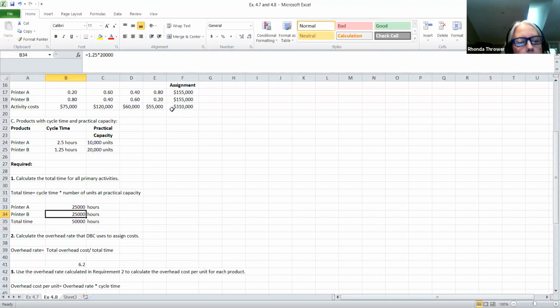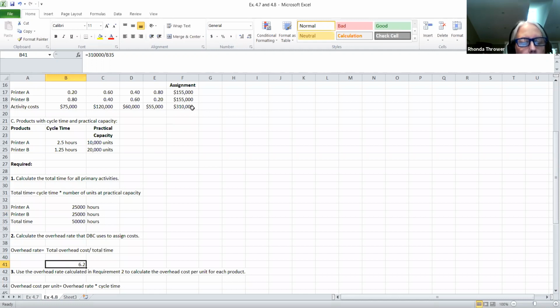The total overhead cost for both printers for this company's activities, all the activities combined, are $310,000. The total overhead cost is going to be divided by the total time, and that will give you the overhead rate for this company.